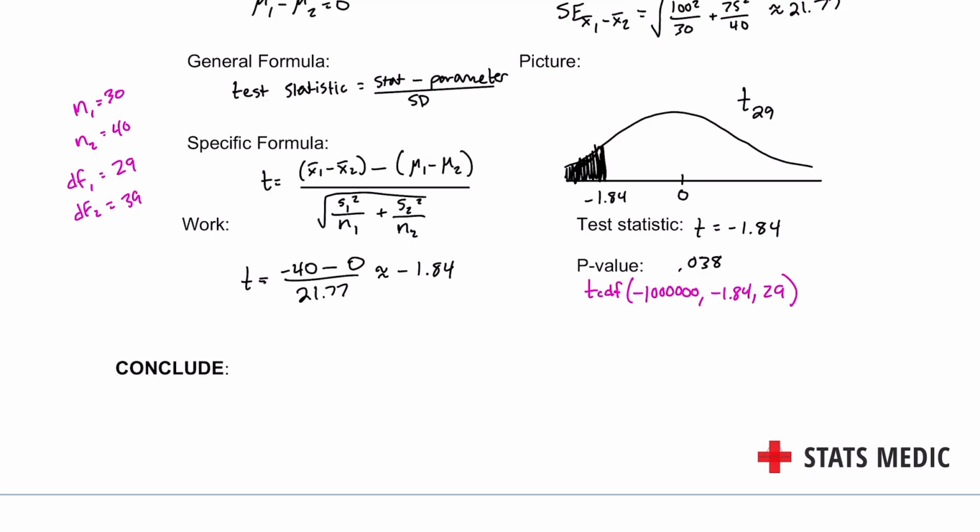So we can do the same thing by doing a 2-sample t-test. If you're on the TI-84s, what option is that?